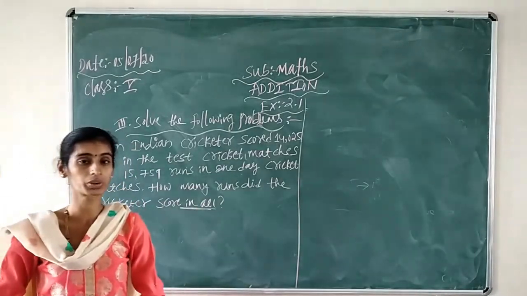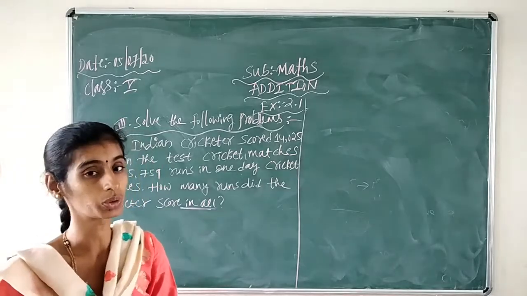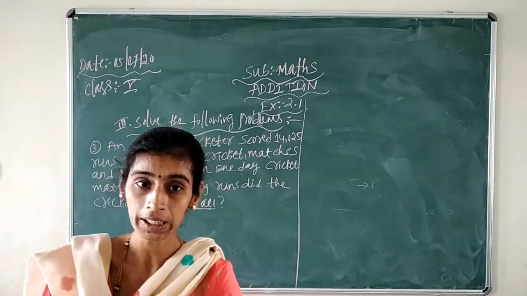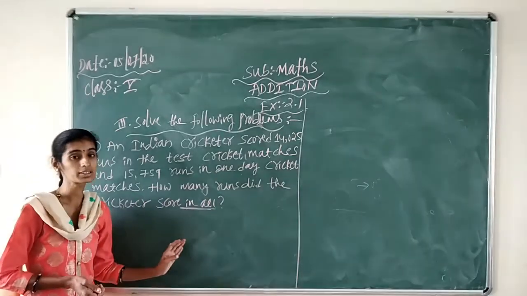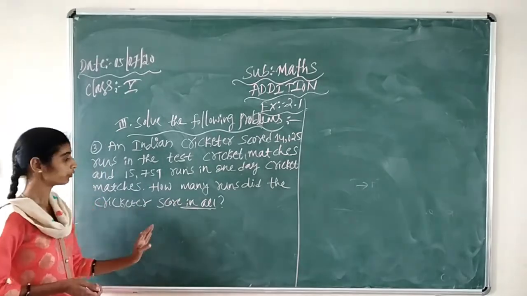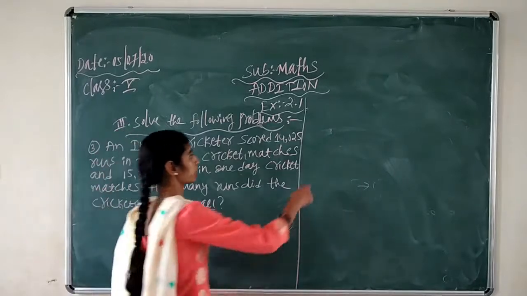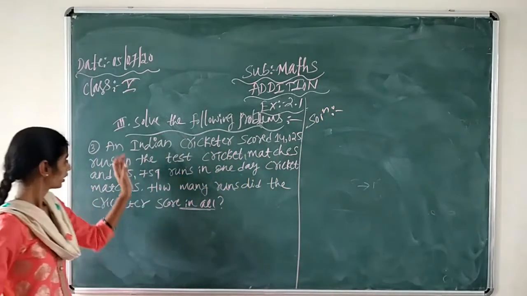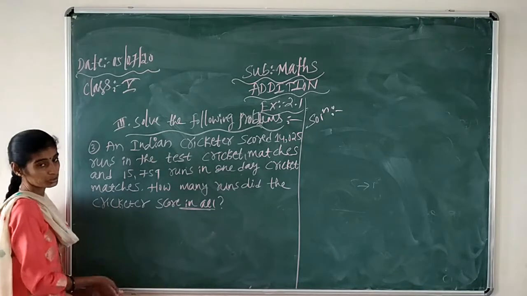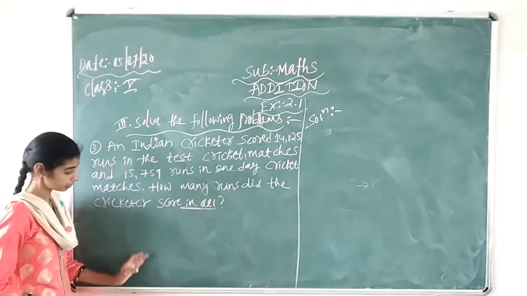Shall we start the solution? I hope you all understood the question, children. Copy this question. Below this question itself you need to solve it, because I don't have space here.